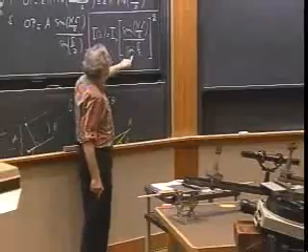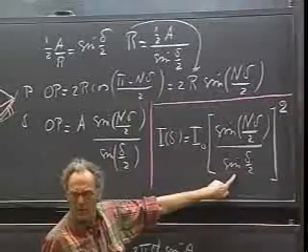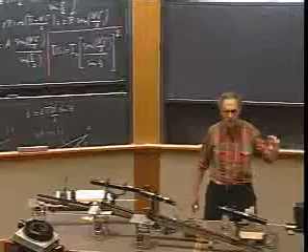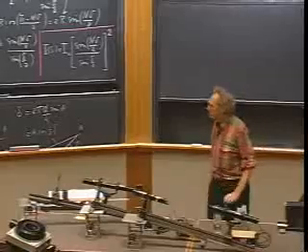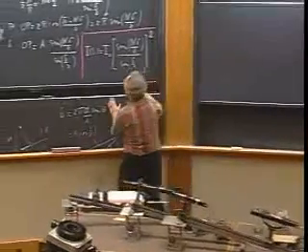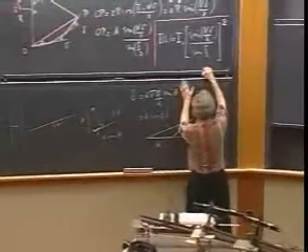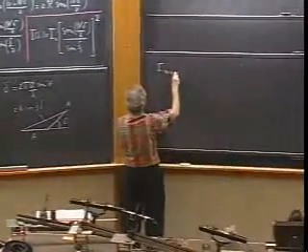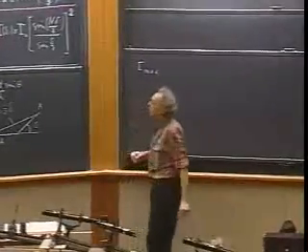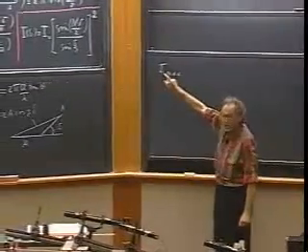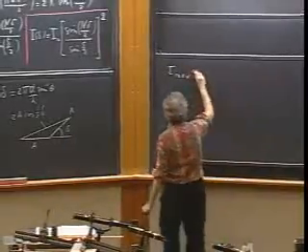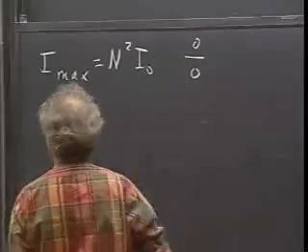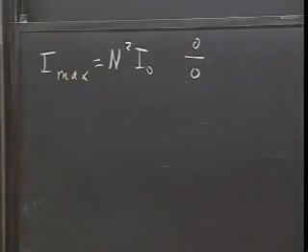Because if the upstairs is 0 and the downstairs is also 0, you get 0 divided by 0, and now you need L'Hopital to calculate what that ratio is. And that ratio then becomes the maximum value possible. So I write that here. If you use L'Hopital, you will find that that ratio is n squared. And so this becomes n squared times I0. So that's the case when you get 0 divided by 0 in that equation.